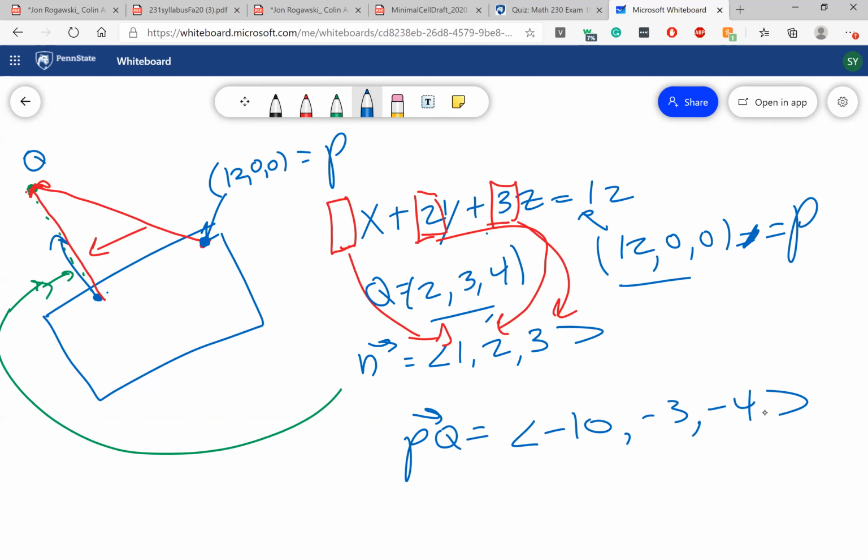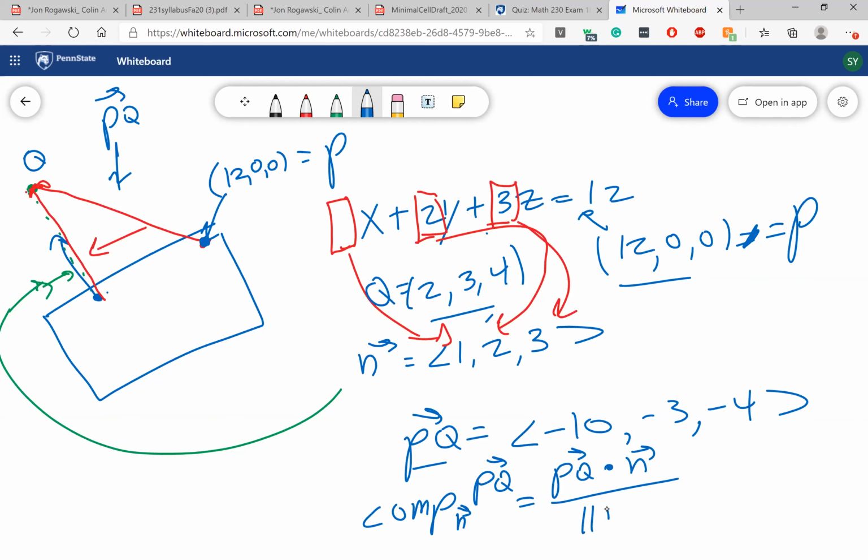Good, so this is my vector PQ. And now I want to find the component of the projection of this vector onto the normal vector. So the component of the projection of PQ onto the normal vector, well, that's going to be equal to the dot product, PQ dotted with the normal vector, divided by the norm of the normal vector.